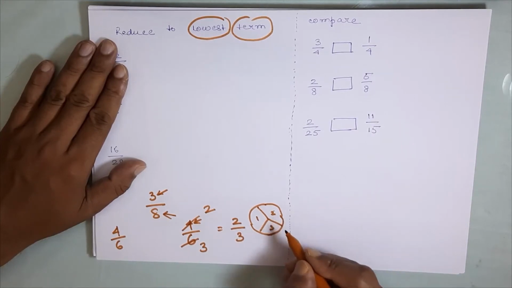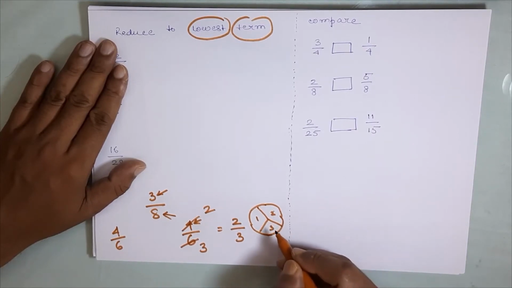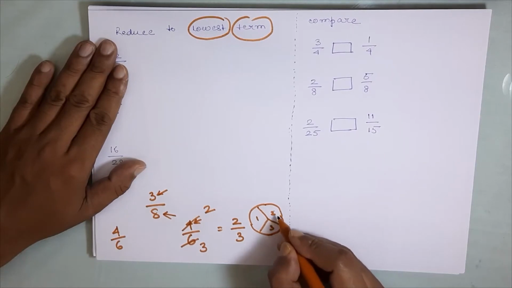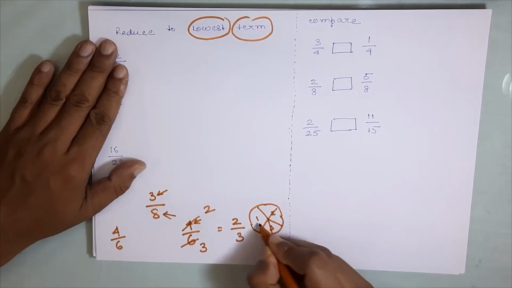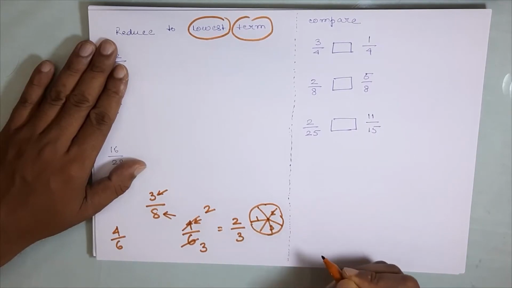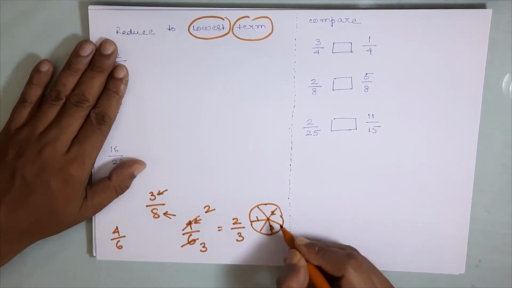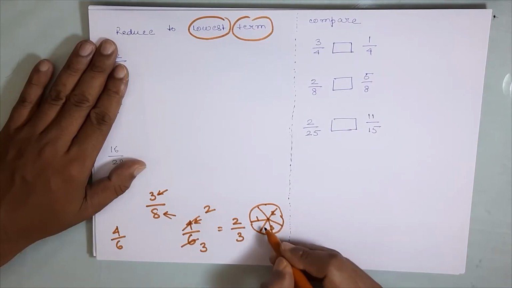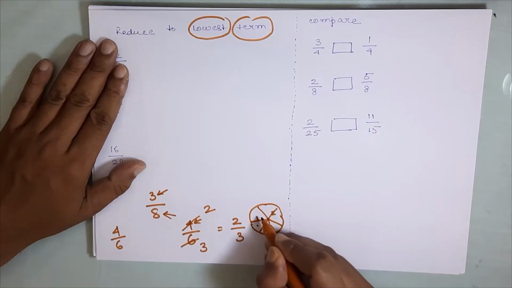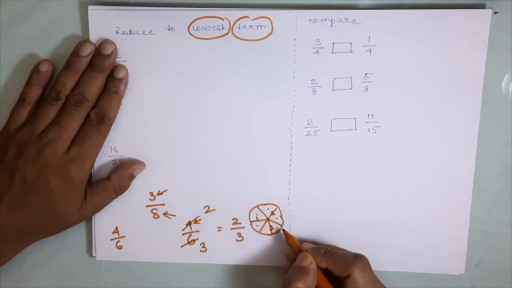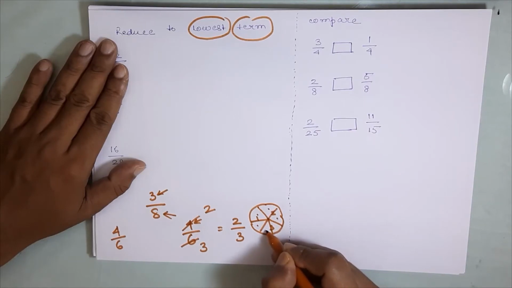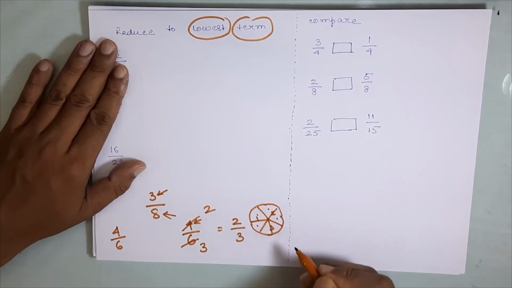Now let us divide this pizza not into 3 equal parts but into 6 equal parts. Now we have 6 equal parts. Out of 6 equal parts, if we consider 4, 1, 2, 3, 4, and this is 5 and 6, then 4 out of 6 is equivalent to 2 out of 3.